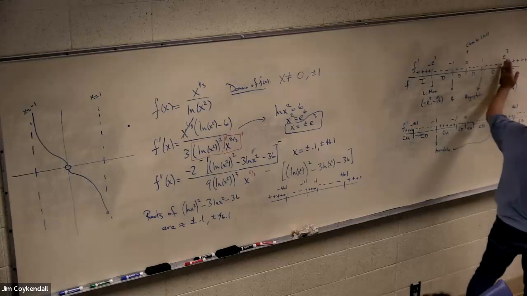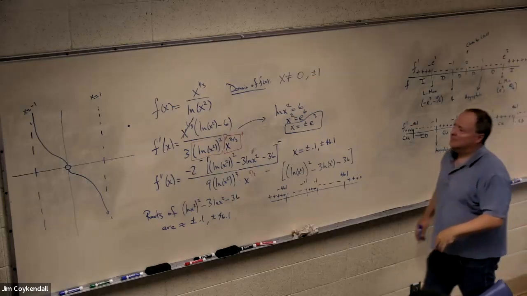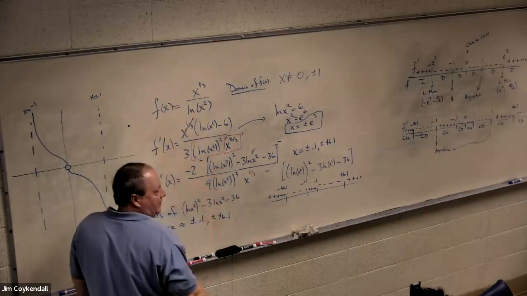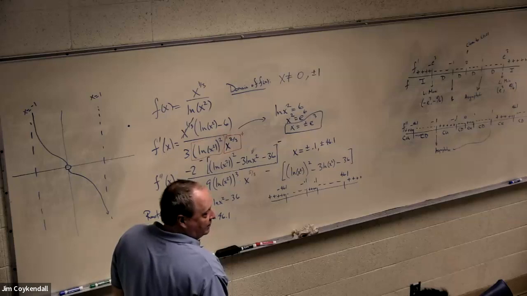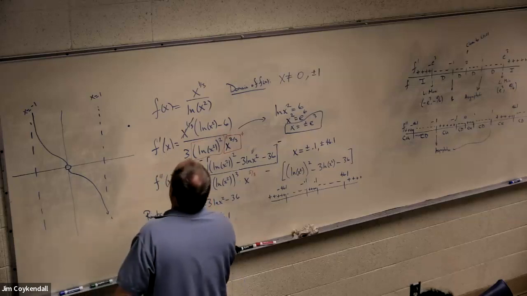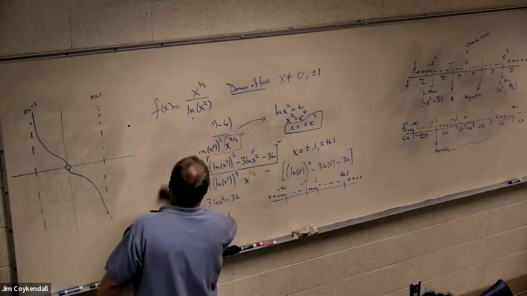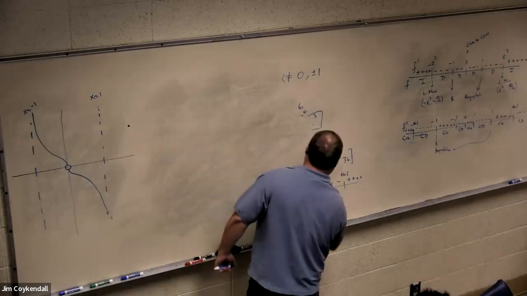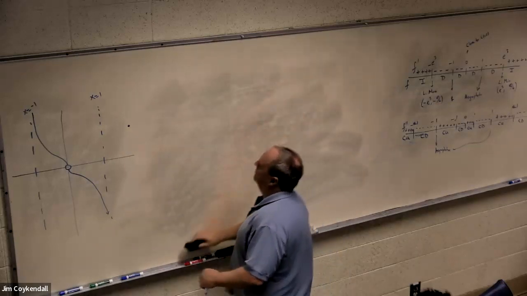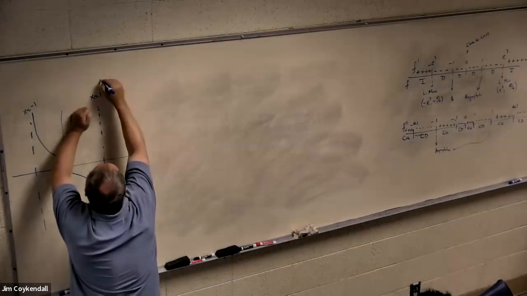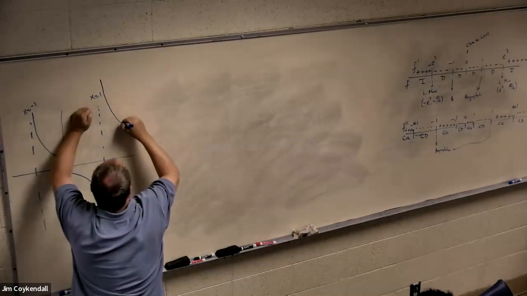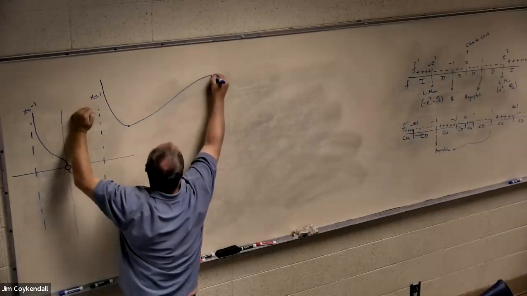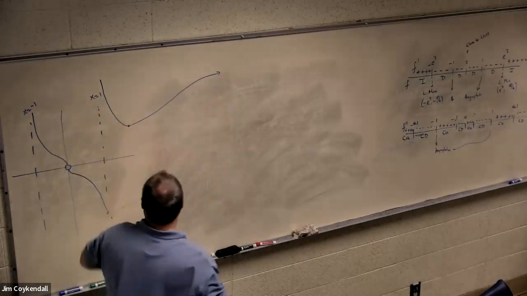It decreases off the asymptote, hits the local min, and goes up. So it goes down and then up. But the concavity changes, like flattens out a little bit. It's still concave up, concave up, and then eventually it goes way out here at 46.1.